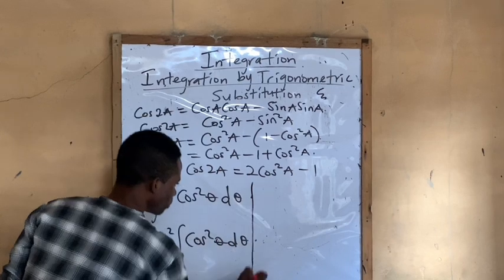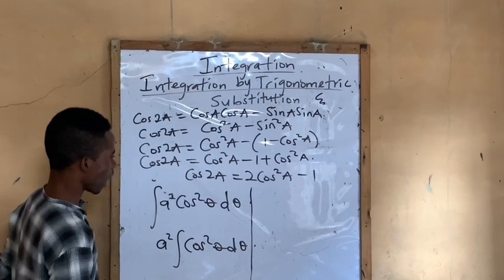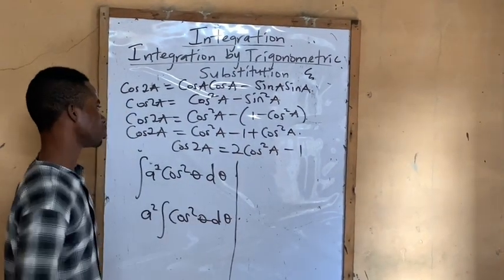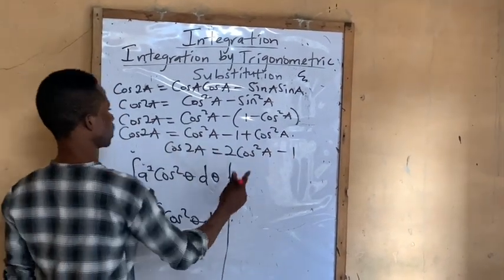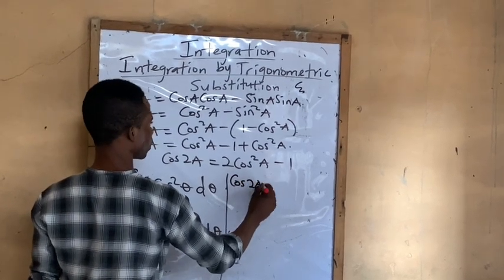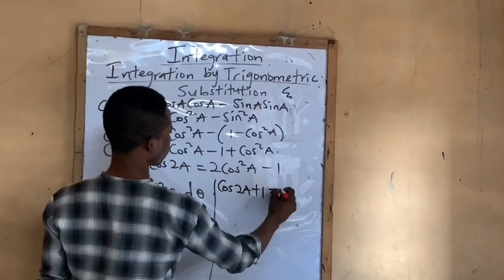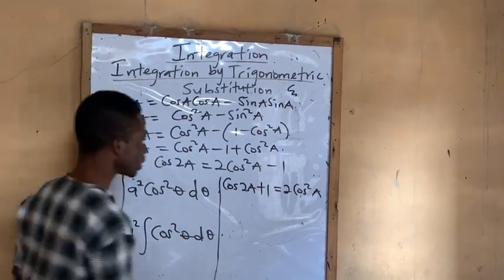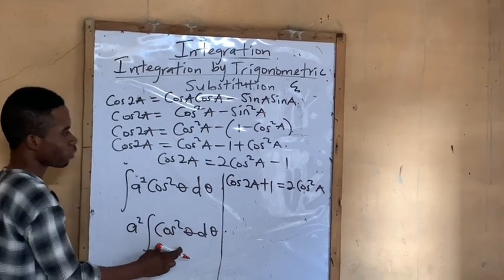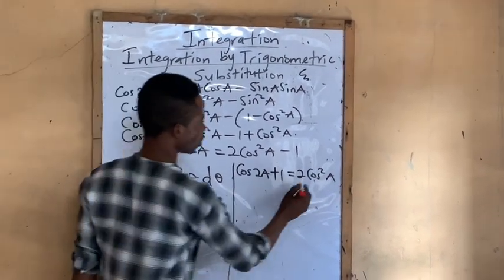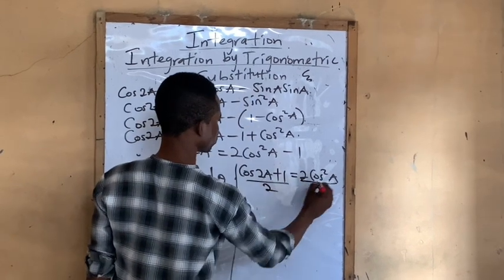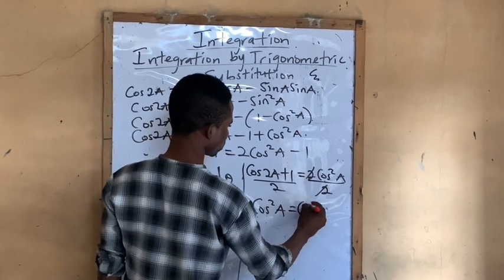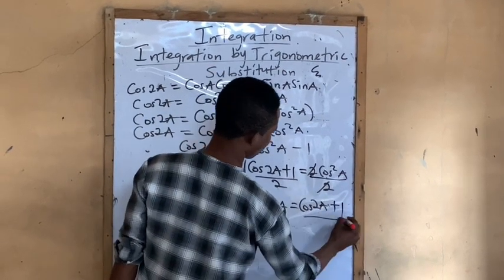Now, do not forget, I'm looking for cos square theta, that means cos square A. What do I do? Let me bring this minus 1 to this side. That will be cos 2A plus 1 equals 2 cos square A. So for me to get cos square A, I will divide this out by 2 over 2. That means cos square A equals cos 2A plus 1 all over 2.